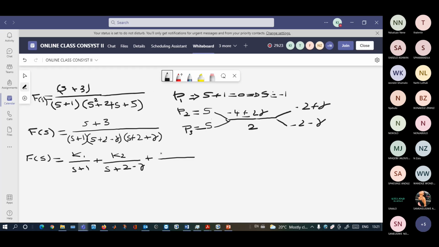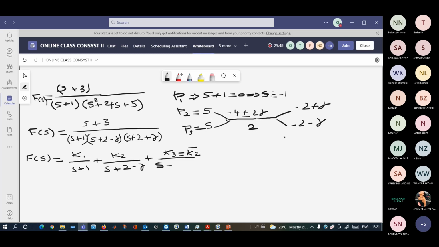Okay, I was saying K3 is going to be equal to K2 conjugate. We talk about conjugate numbers where their real parts are the same and their imaginary parts differ only in the sign.